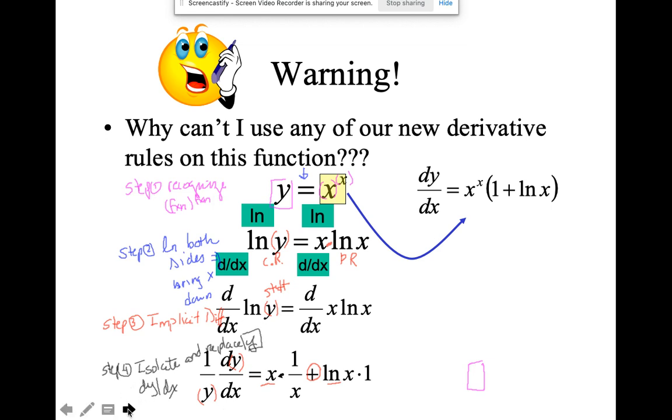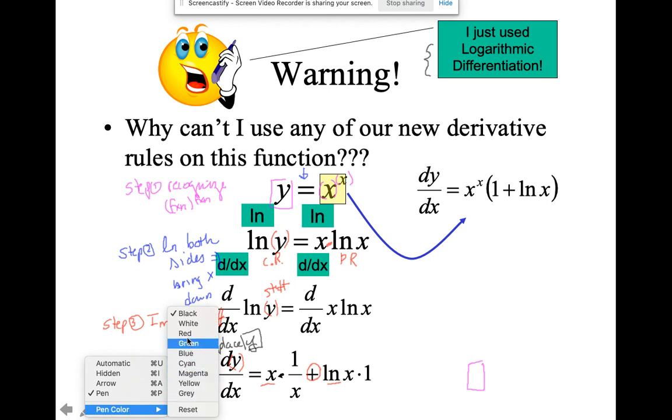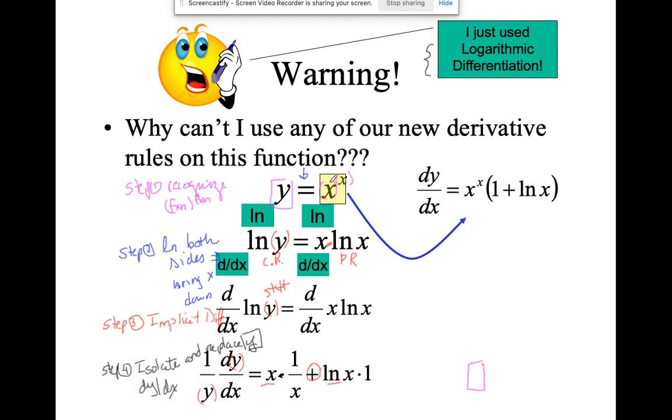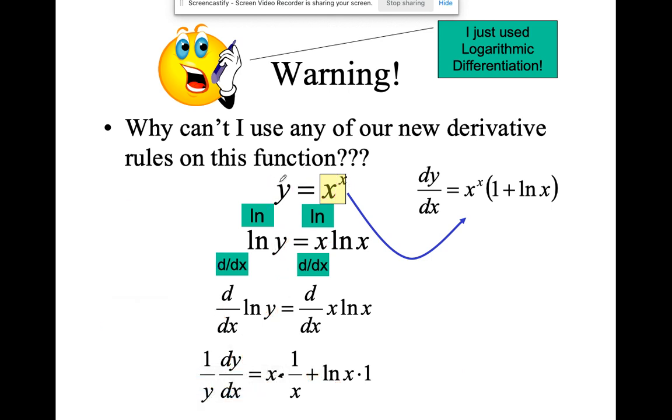Okay, let's try one. Oh, I do need to tell you that the name of this, you should write this in your notes: logarithmic differentiation. And here's why you want to write that in your notes, because sometimes you will just get a problem like this. It'll just say, find the derivative.